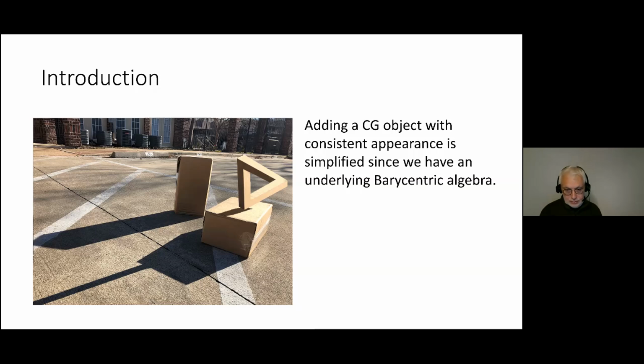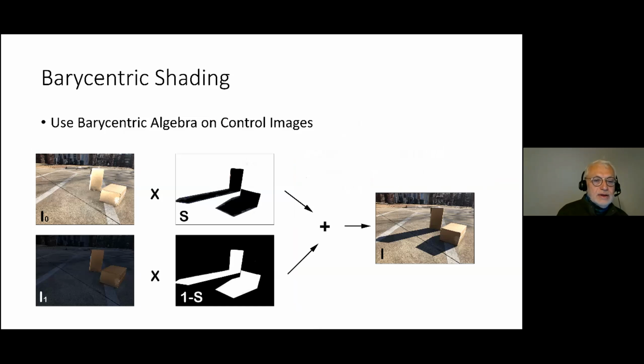The main idea here is to use barycentric algebra, and then the whole problem becomes really simplified. How we use barycentric algebra can be as simple as linear interpolation. Just think of it as a shadow computation, nothing but shadow computation. This image is the no-shadow image.